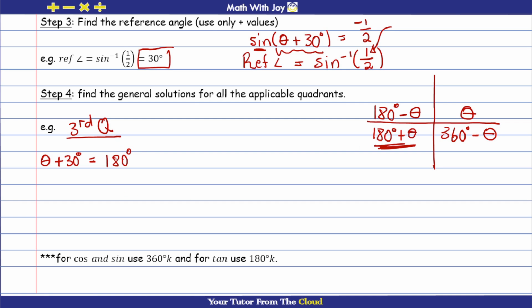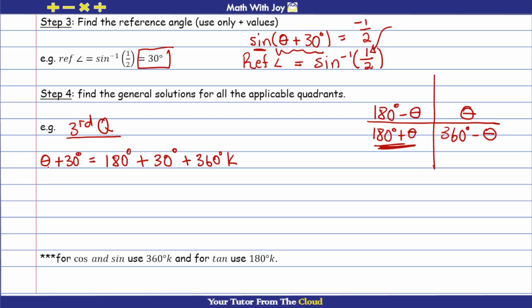Now we're going to say 180 degrees plus the reference angle. The reference angle in this case we calculated to be 30 degrees. Now because we are working with the trig ratio sine, we need to add 360 degrees times k to give it that general formula.